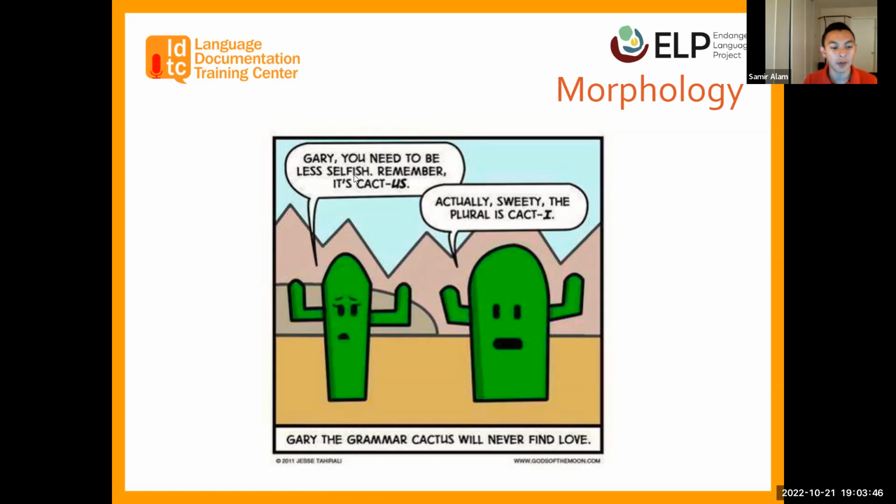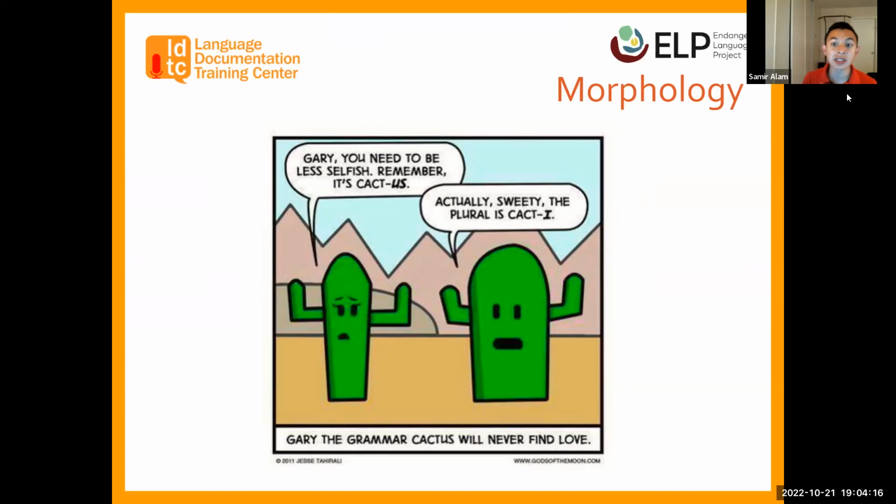In both there's two cacti here, one cactus and another cactus, and there are two cacti. We're seeing that we have one noun, cactus, that has two forms. It has a singular form, cactus, and cacti for the plural form. So here we have a process where we're combining different morphemes, different units of meaning, to form one word. And that is, we're having different meanings associated with the word.